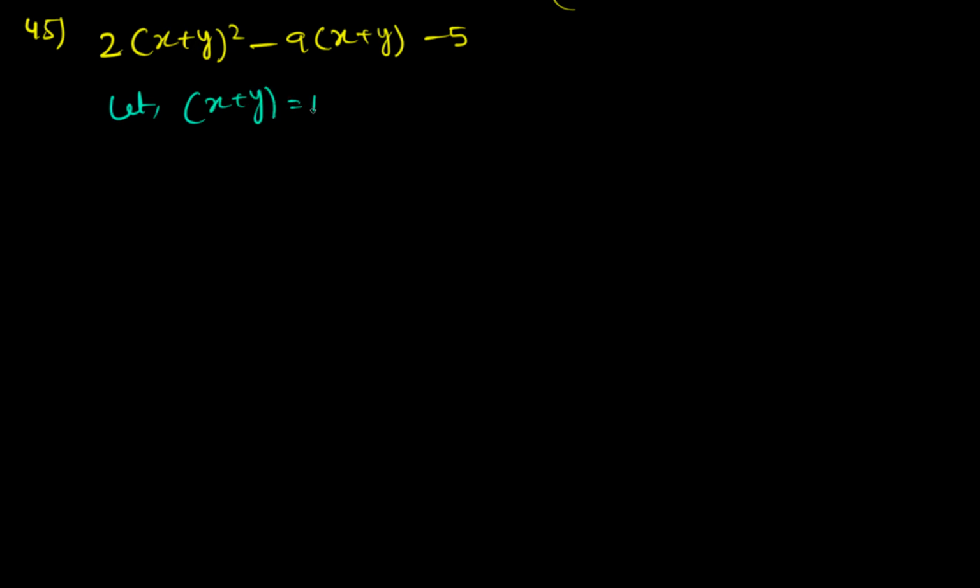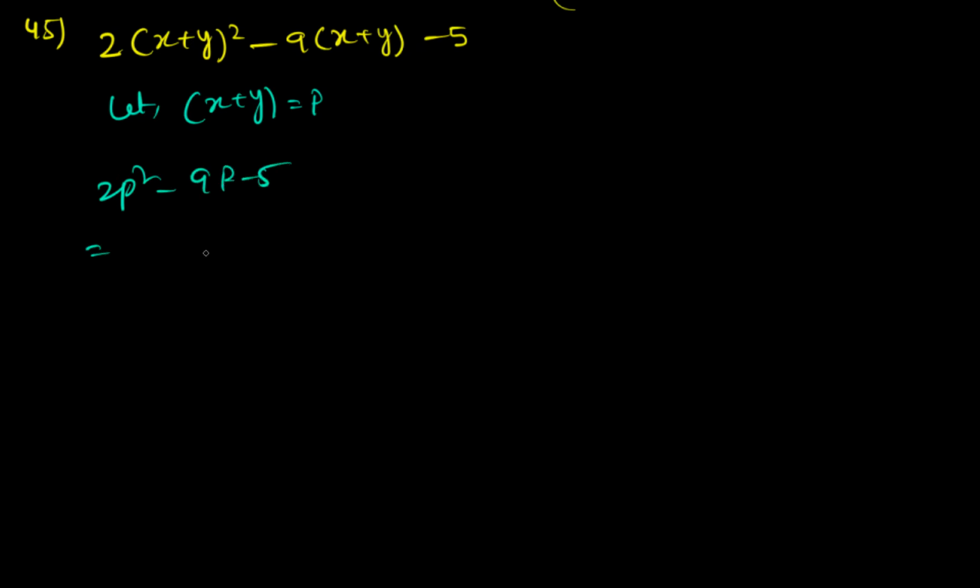Let's do 45. The 45 is 2 times x plus y the whole square minus 9 times x plus y minus 5. It's very easy. What we can do, we can write let x plus y equals p. So it's 2p square minus 9p minus 5.